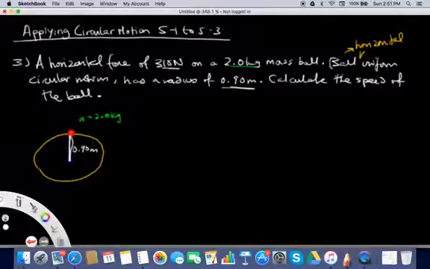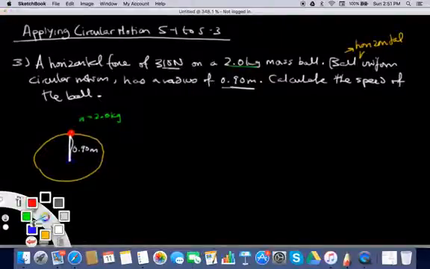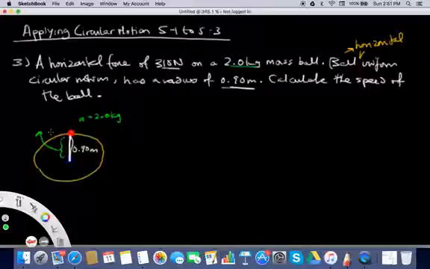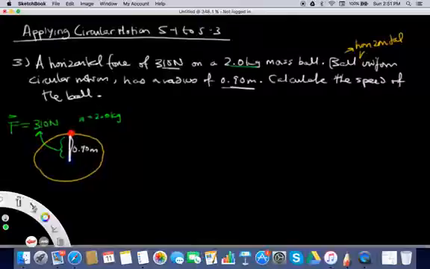So there is a horizontal force of 310 newtons. Now they're asking us, with all this given information, to calculate the speed of the ball.